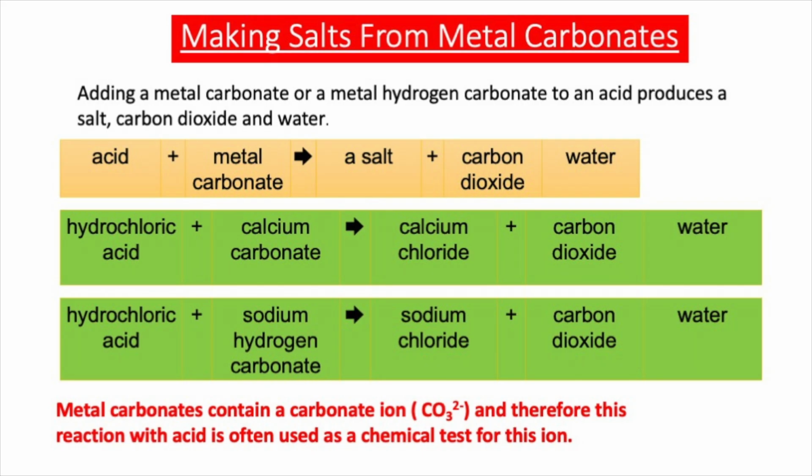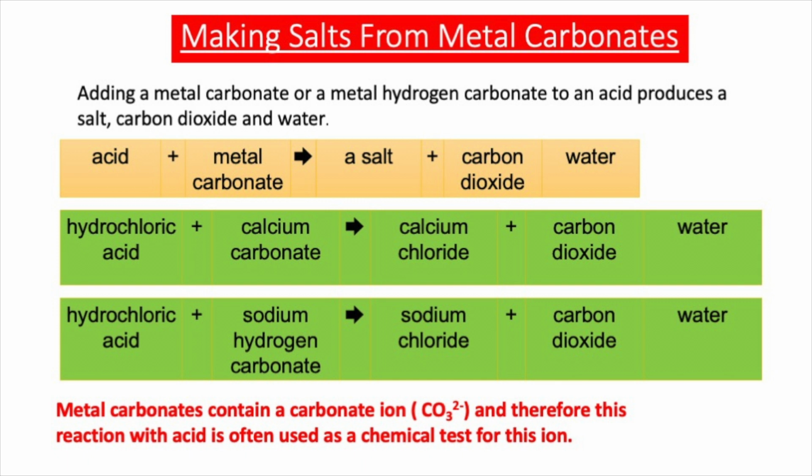So we've seen previously that salts can be made from reacting acids and bases together, acids and alkalis together, and acids and metals together. The next way to make a salt is to react an acid and a metal carbonate or metal hydrogen carbonate. Now if you react a metal carbonate or metal hydrogen carbonate with an acid, a salt, carbon dioxide and water is formed.